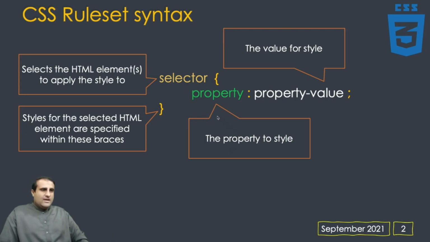And then we have these property and value pairs. So the property is the thing to style, and the value is the value for the style. Whatever style we want to choose is the property, and then we provide the value for that property's style.